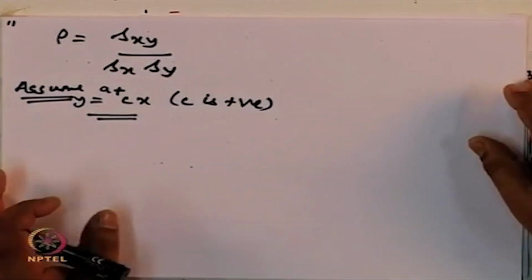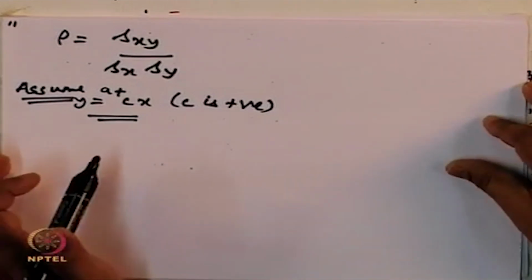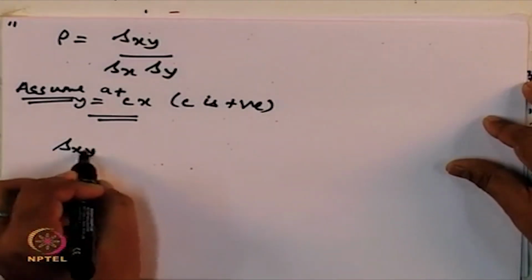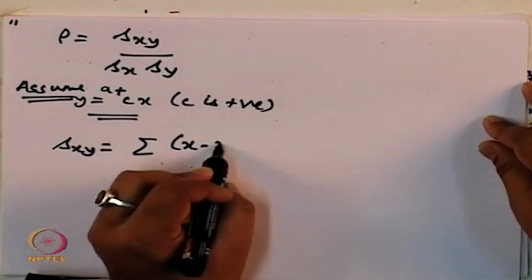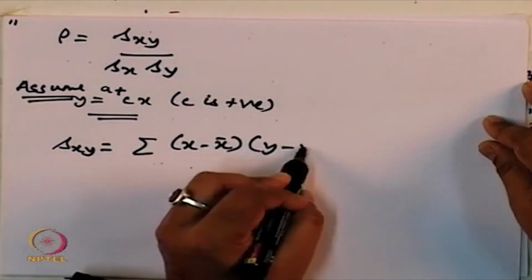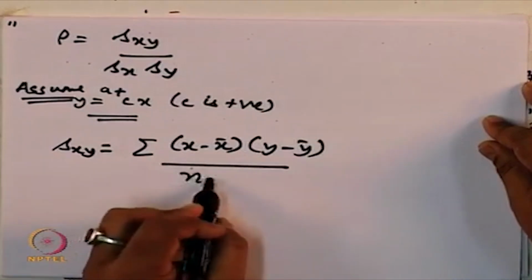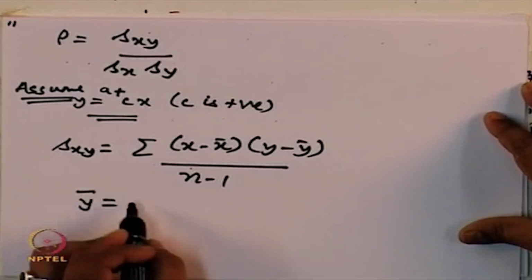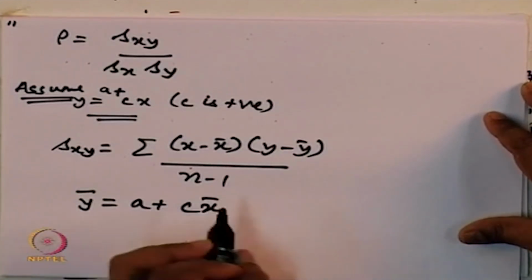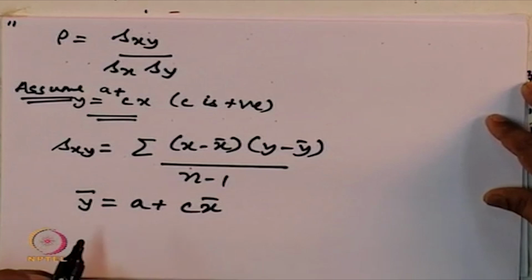If we assume y is equal to A plus Cx, then my Sxy is defined as summation of x minus x bar into y minus y bar, divided by n minus 1. I know my y bar has to be A plus C x bar. From previous classes we had derived this equation.